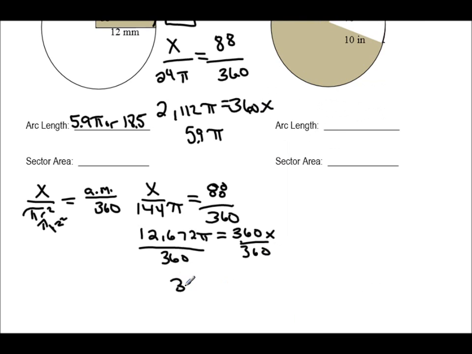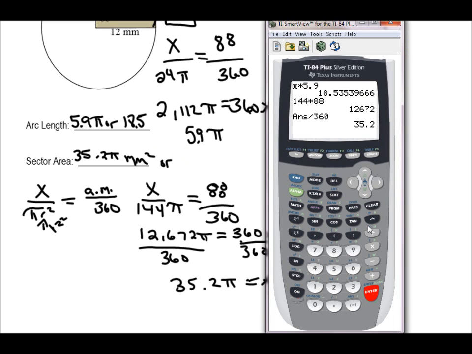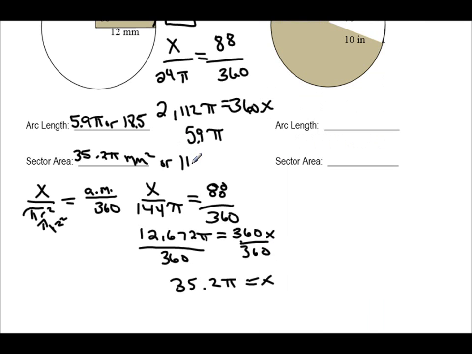And I get 35.2 times pi equals x for the area of my sector. So I do 35.2 times pi millimeters squared, or I can see what that is as a decimal, 35.2 times pi, which is 110.6 millimeters squared.